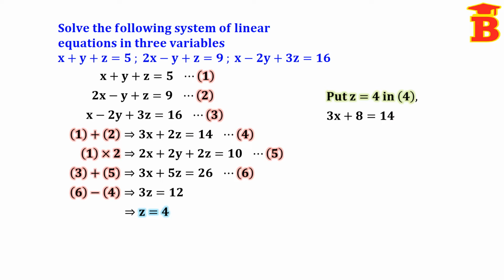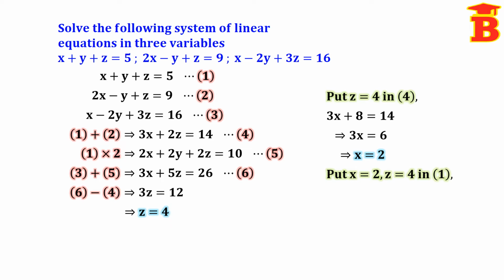This plus 8 take to the right side, minus 8. 14 minus 8, 6. So we get 3x equal to 6. Therefore x is equal to 6 divided by 3, that is 2.